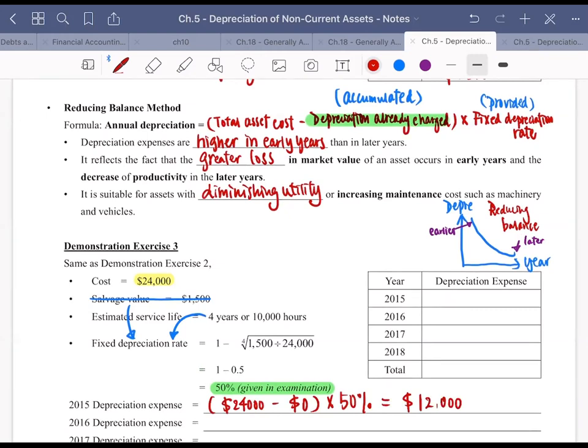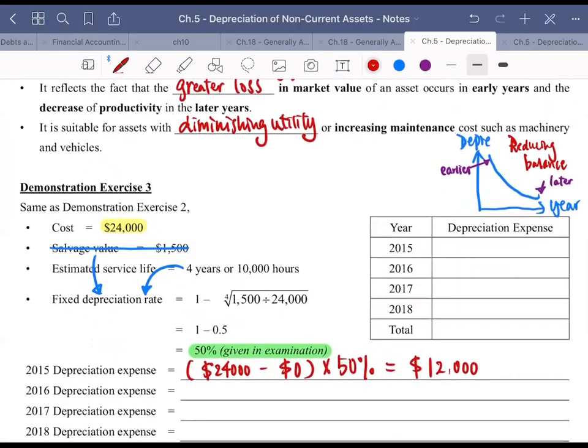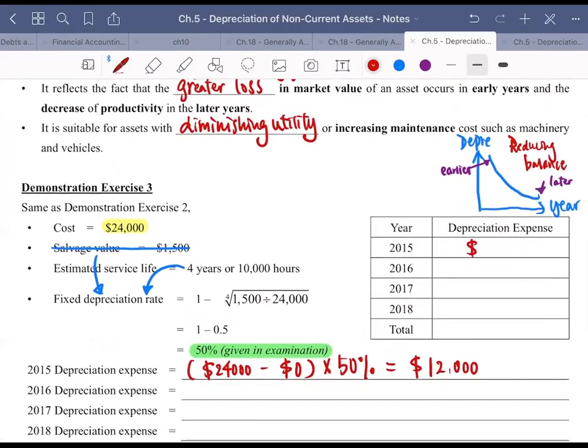So for the second year in 2016, we're going to use the same cost because the cost will not change. The cost is still $24,000 throughout the 4 years. However, in 2015, we have already charged $12,000 depreciation.